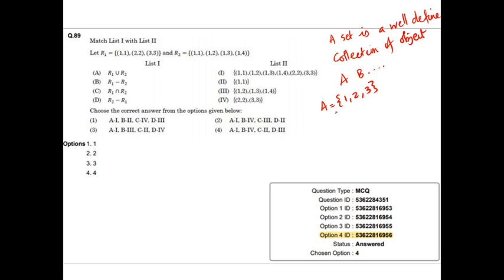Along with this, there are two more representations. One is known as the statement method, and the other is known as set builder form. After that, I am directly telling about operations on sets.